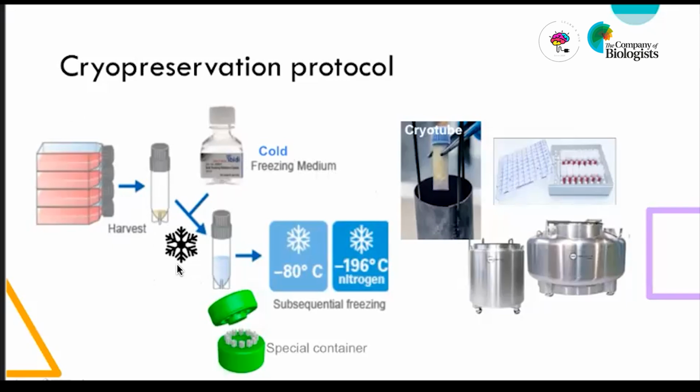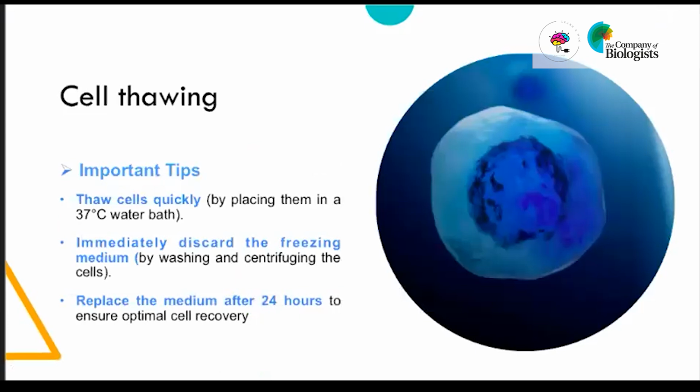Then distribute the suspension in the cryotubes and put them in the special container at minus 80 degrees Celsius and leave them overnight. The next day, perform rapid freezing by immersing them in liquid nitrogen. For cell thawing, the important tips are thaw cells quickly, immediately discard the freezing medium, and replace the medium after 24 hours of seeding.